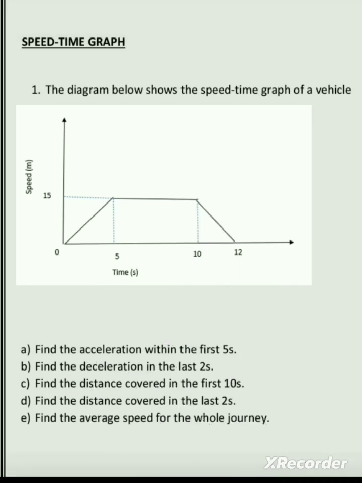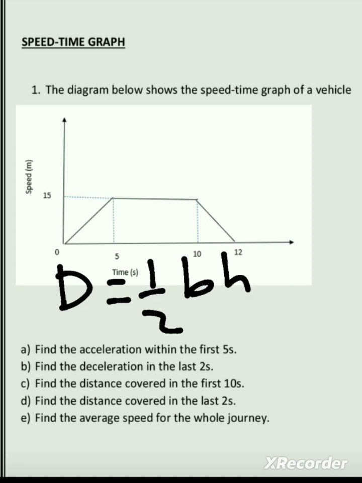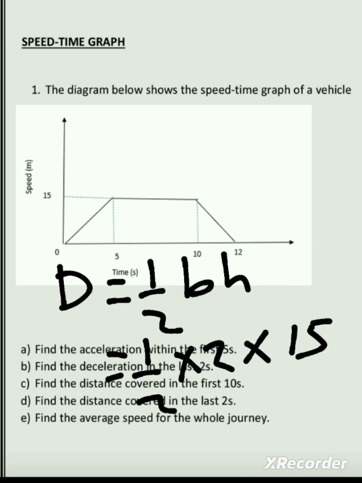So let me redo it. Distance is equal to half BH, right? So half B, it's 2 actually. Then H is 15. So 2 and 2 cancel, so we remain with 15 meters.